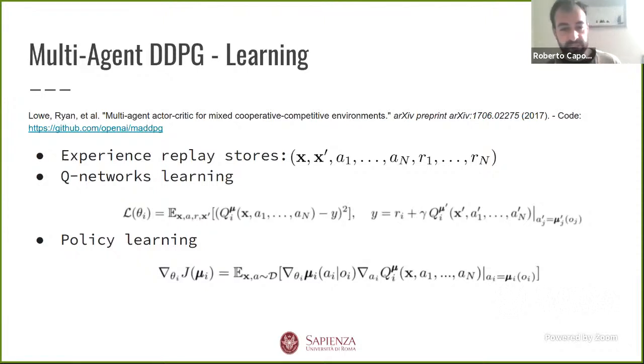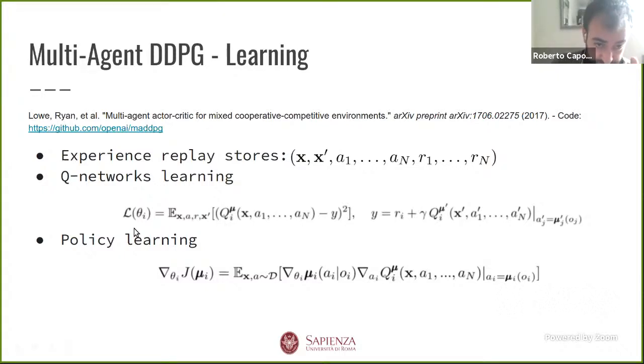And then each Q network is optimized by simply minimizing the mean square error between the target, which is computed in the standard Q-learning way, except that it accounts for all the actions of all the agents.